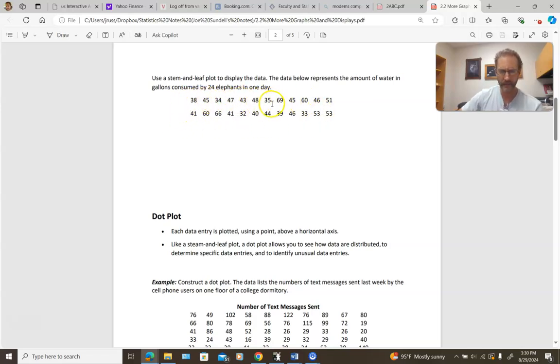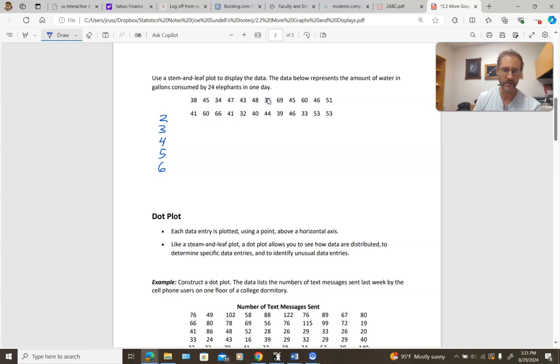What you're going to do is look at the leftmost digits in your data here. It looks like the smallest leftmost digit is a 3. So I'm going to start by writing a 3, followed by a 4, because we have several entries in the 40s. Then I'm going to go to a 5. You can actually start lower if you want. You could start with 2, there just won't be any leaves there, because we don't have any entries in the 20s.